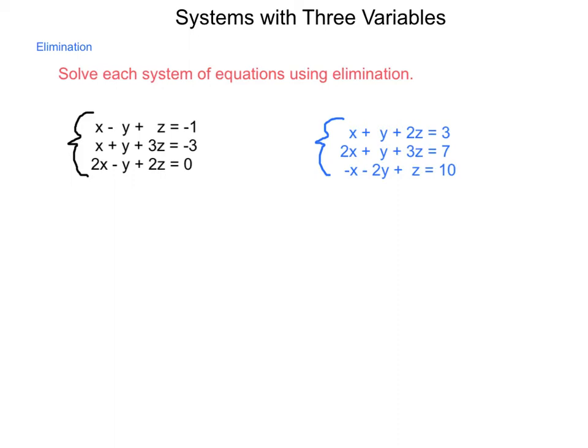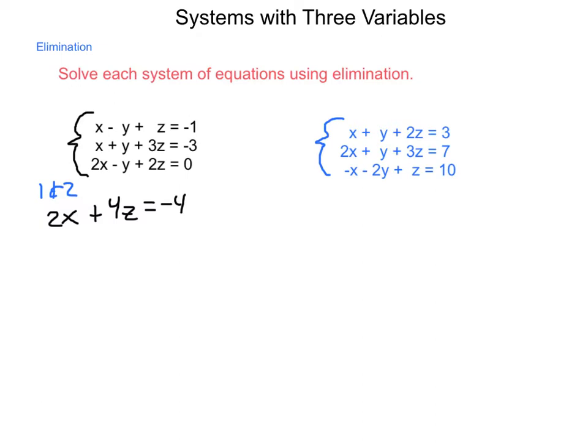For instance, if I take equations 1 and 2 in this first set and add them together, what I'll come up with is 2x, negative y plus y will eliminate itself, plus 4z equals negative 4.